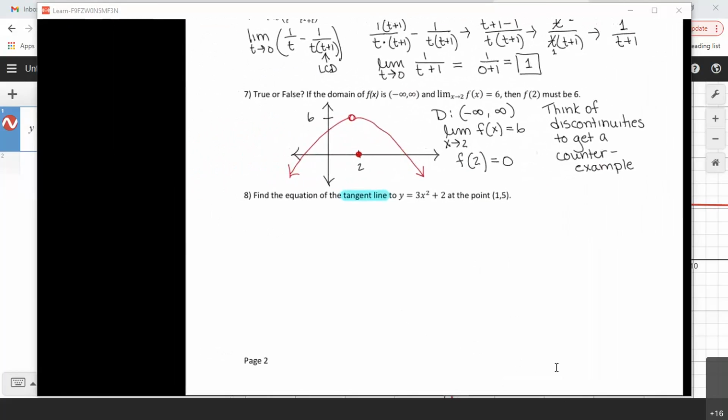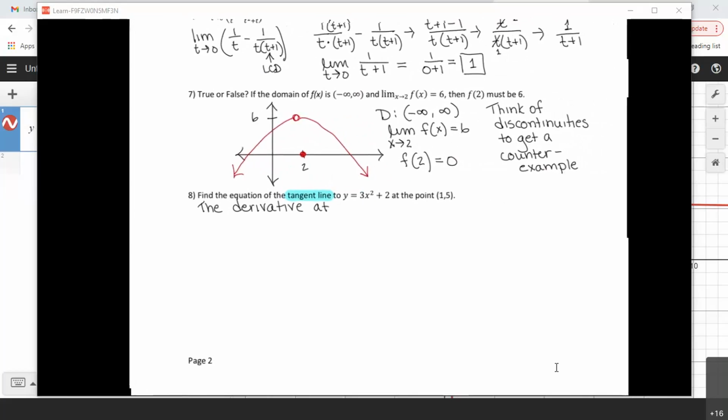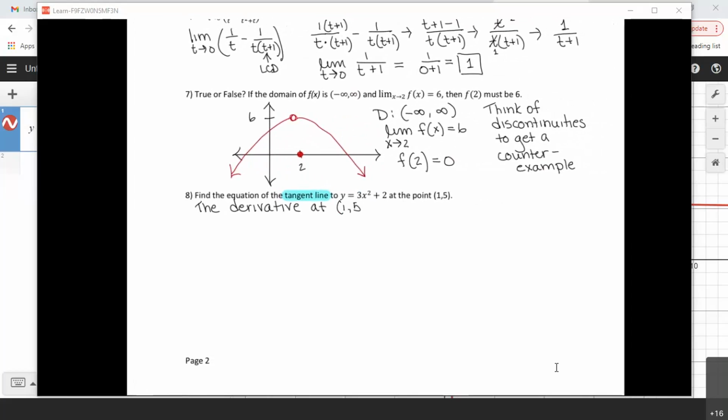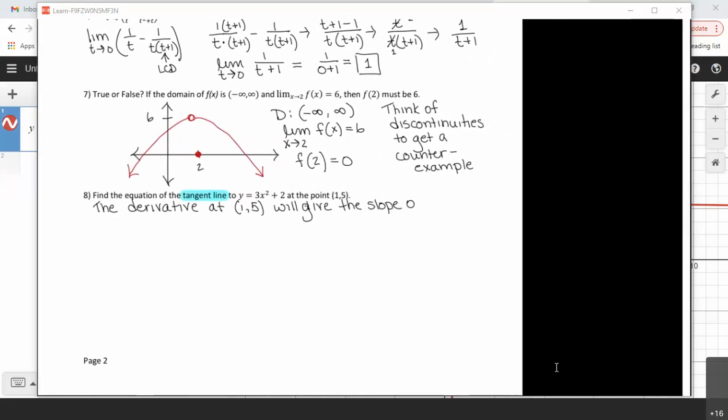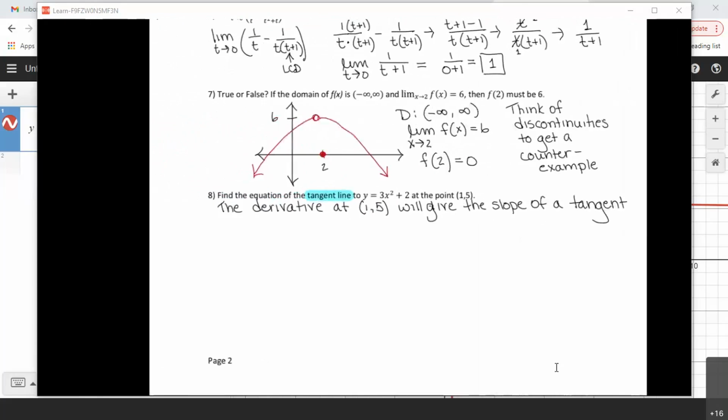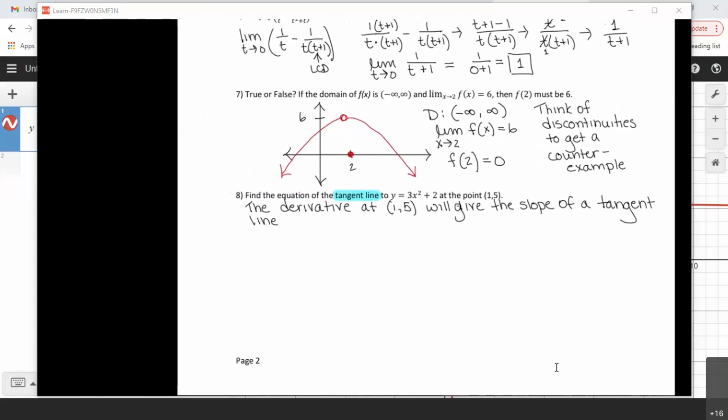Good for you. The derivative at (1, 5) will give the slope of the tangent line.